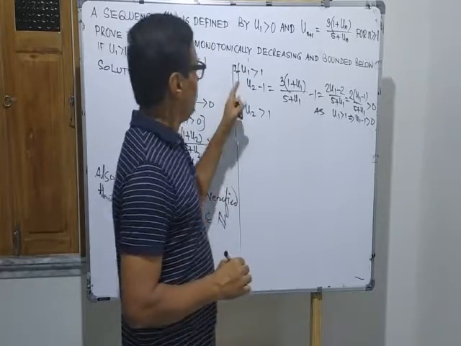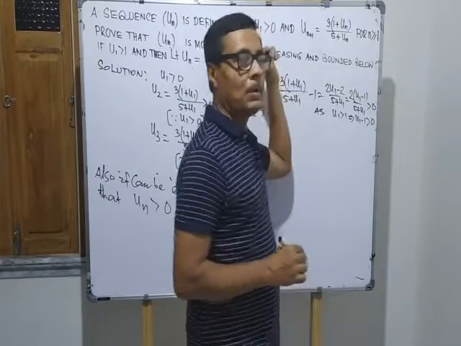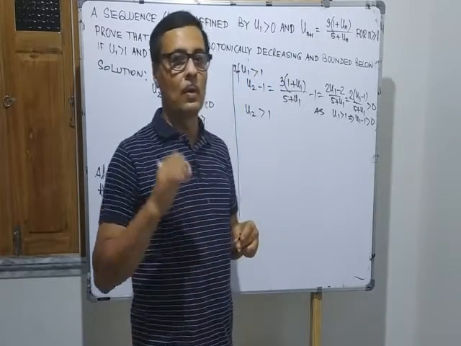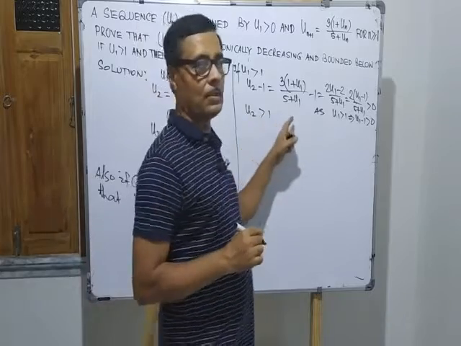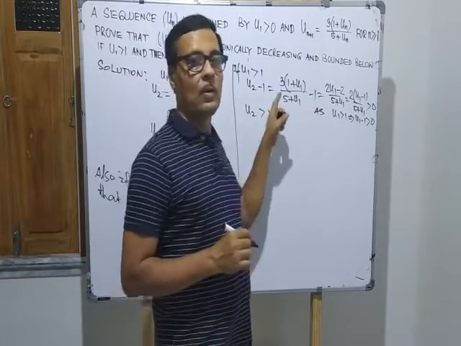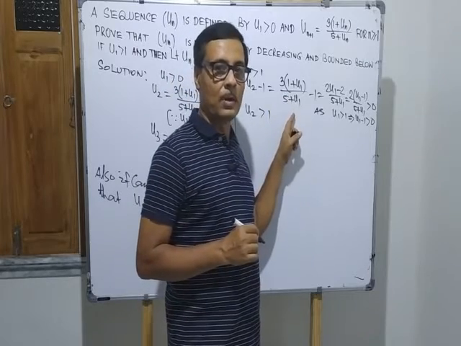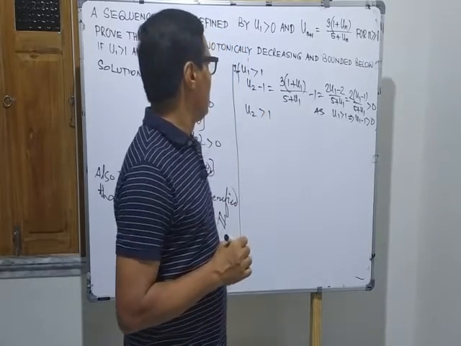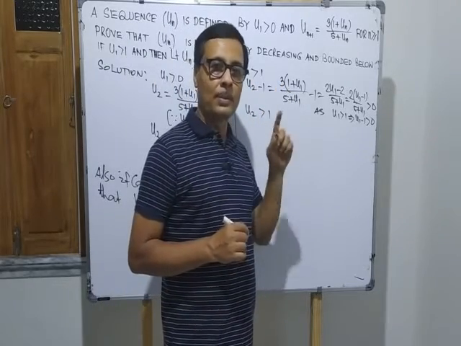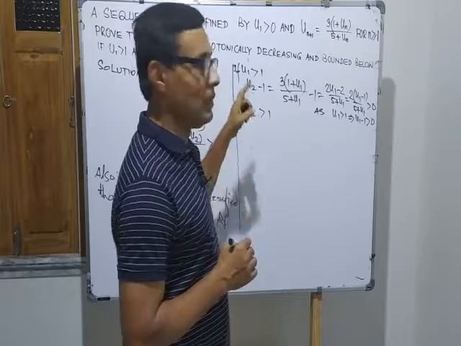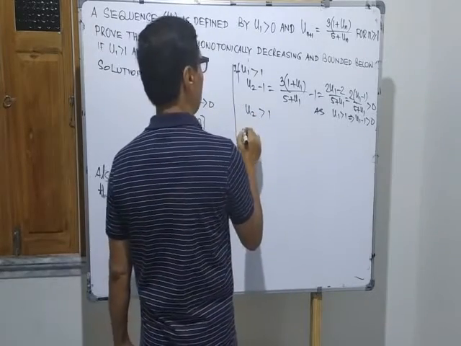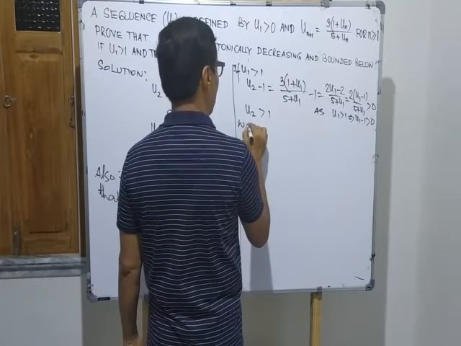Now we can prove that all terms of the sequence are also greater than 1, that is un greater than 1 for all n belonging to the set of natural numbers. How can it be proved? It can be proved by the method of mathematical induction.